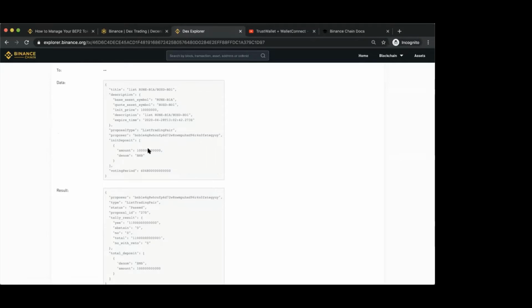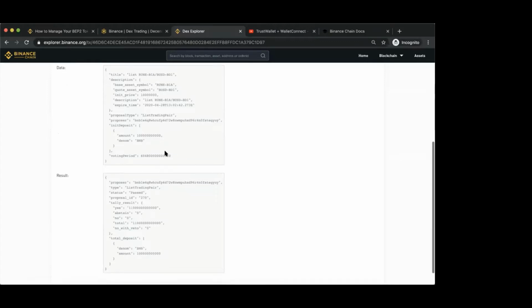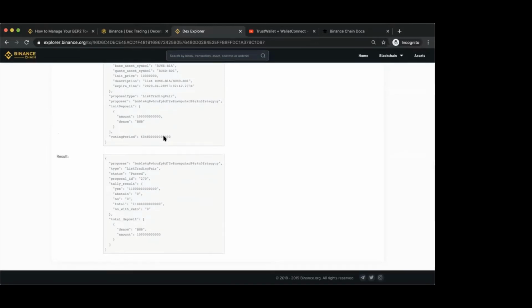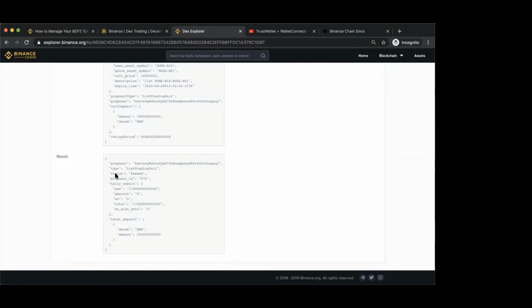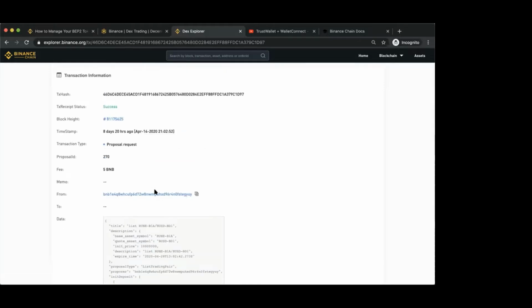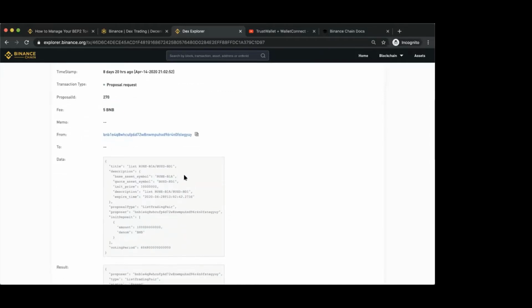He deposited 1,000 BNB, this amount is multiplied by more zeros, and the voting period is in nanoseconds, so it's about a week. The status of this listing proposal is passed because they have got all the yes votes from validators. So they can then go ahead and list this coin against the BUSD.